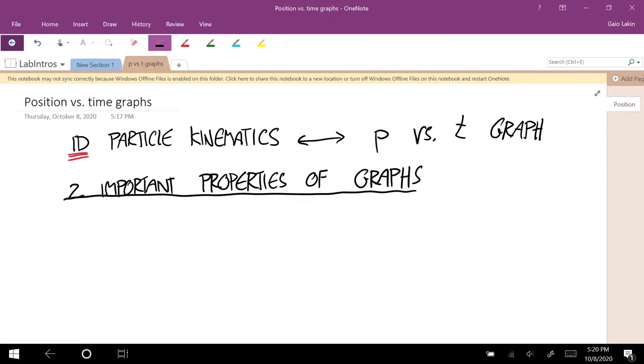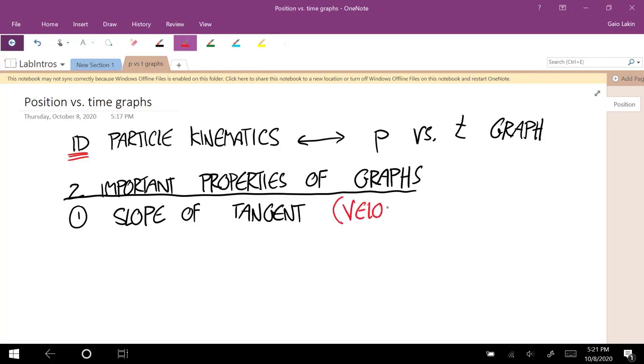But these two important properties are, first, the slope of the tangent line. And just looking ahead, this is going to be related to an object's velocity when it's on a position versus time graph.